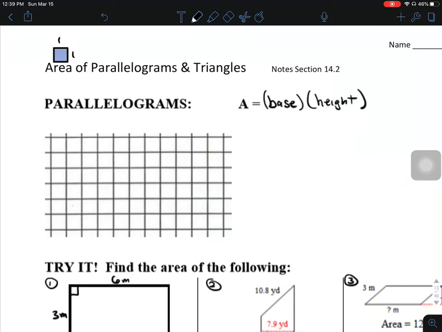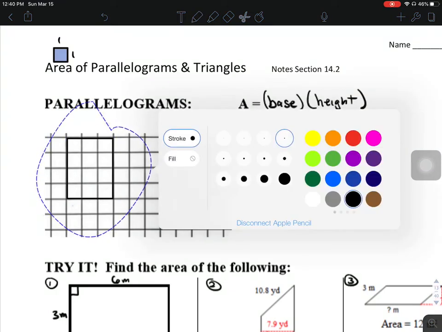So like if I have a rectangle, let's say that is 4 high and 3 wide, like so. And you wanted to know what the area of that was.